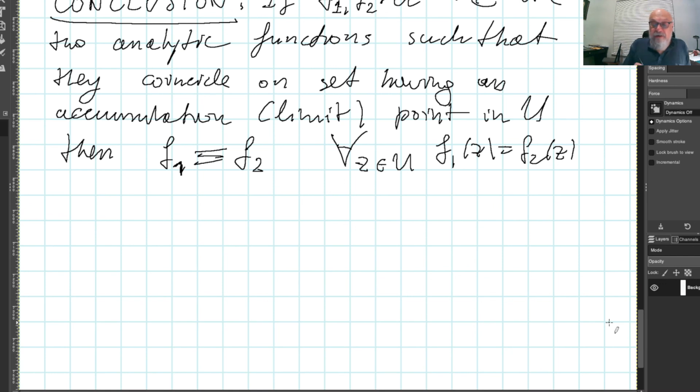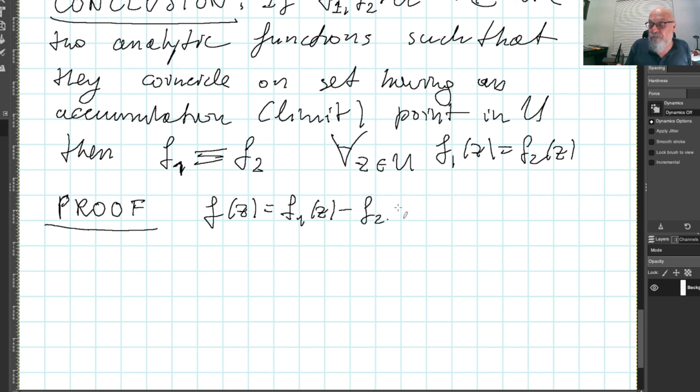Let's do the little proof. Put the function f of z equal to f1 of z minus f2 of z. So notice that f of z is analytic.